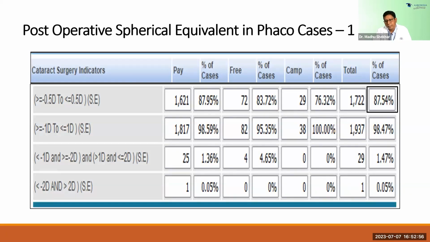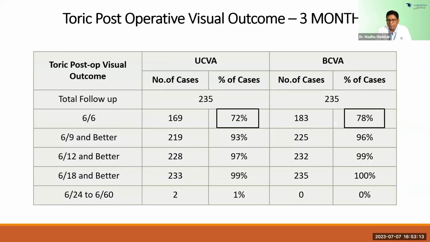If it is coming less than 85%, then you have to look at your biometry, whether you are using the correct formula or not. This type of analysis you can do if you are keeping a record of all your visual outcomes.